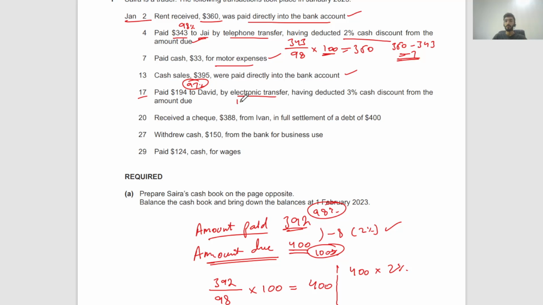So 194 divided by 97, and this time we'll just take 3 as multiplication. So that's just going to be 194 over 97 times 3. That's $6. Okay, it means the original amount due must be 200, isn't it? The original amount due must be 200.